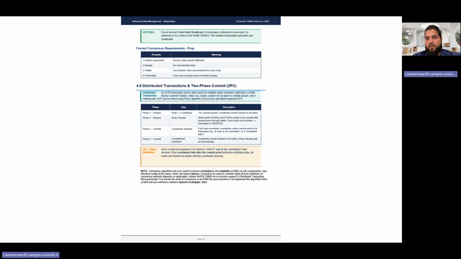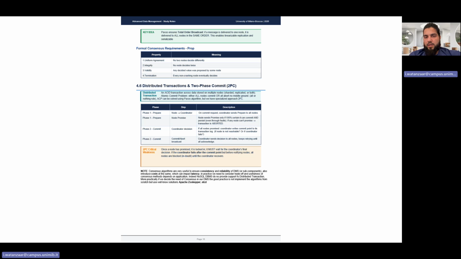But here we have one problem, the atomic commit problem. What is the atomic commit problem? Either all nodes commit or all abort, with no middle ground. We know this from the atomicity in ACID transactions: either commit or rollback, abort.